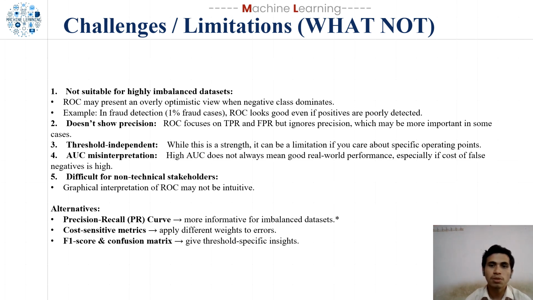These are some limitations of ROC, and a high AUC doesn't always mean good performance in a real world setting. Therefore, AUC and ROC should be used along with precision-recall curves, the F1 score, and the confusion matrix, which are alternatives to AUC and ROC.